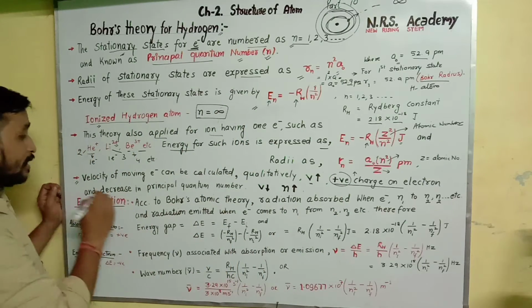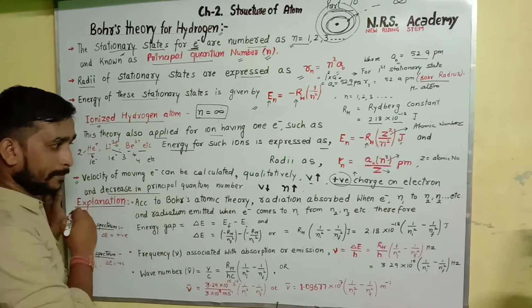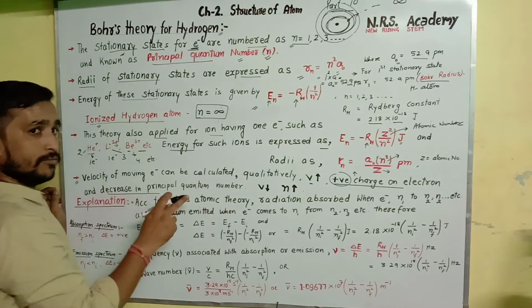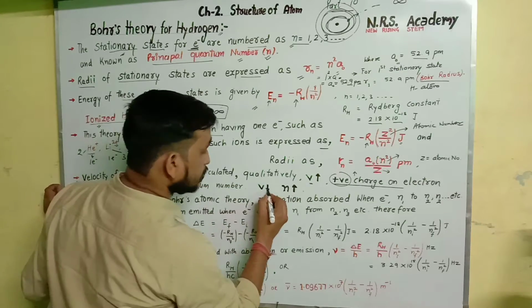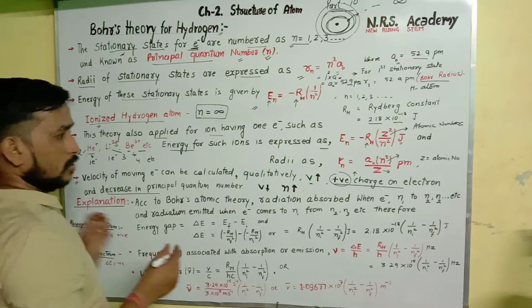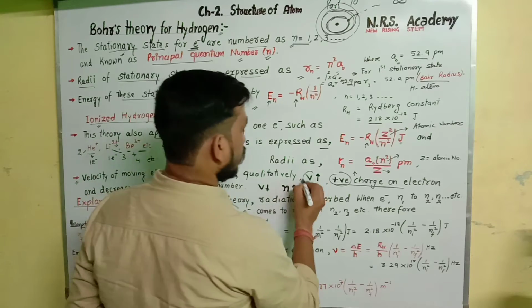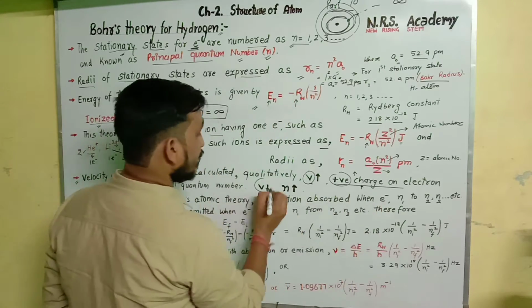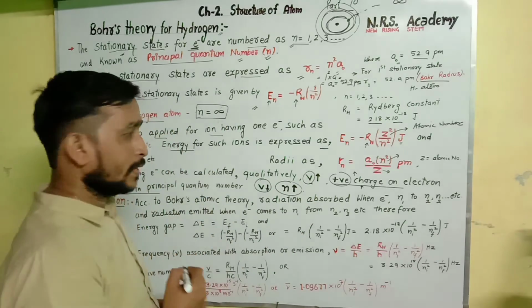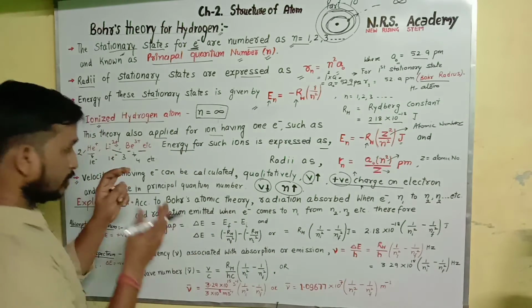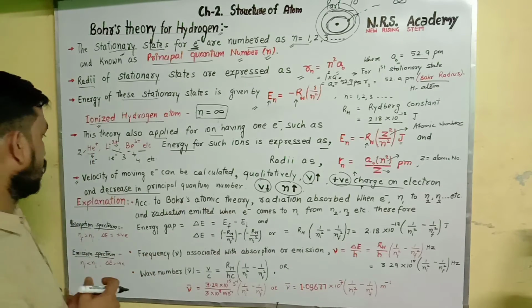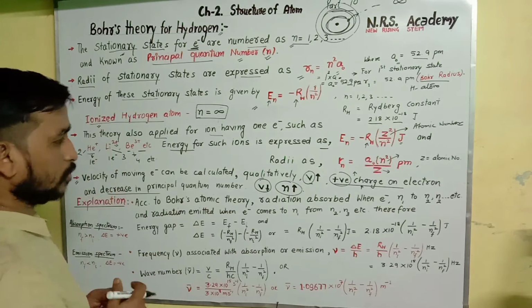Along with it, if the principal quantum number n decreases, the velocity increases, and the velocity decreases as n increases. So this is the relation of velocity with the charge and with the principal quantum number. These are the four terms related to Bohr's atomic theory for the hydrogen atom. Now, what is the explanation of this Bohr's atomic theory?